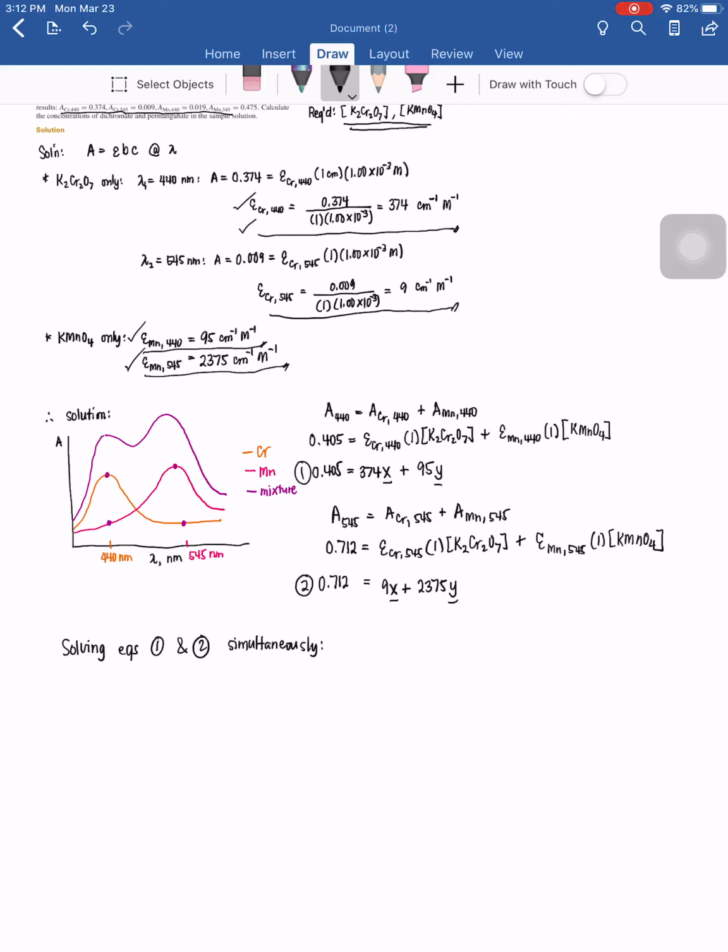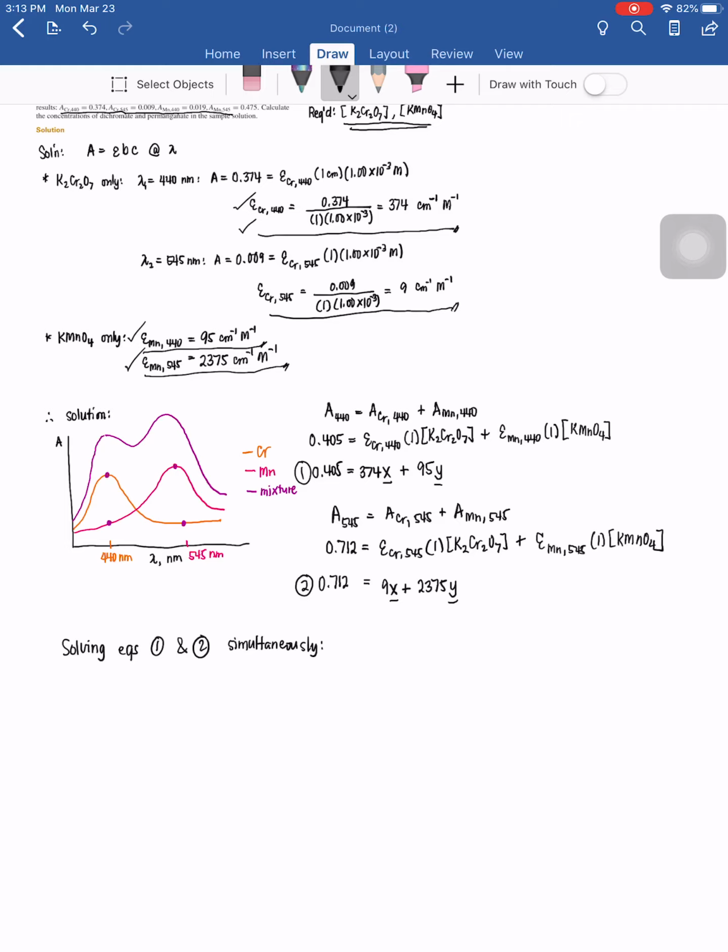As to my second equation, I'll enter again the value under A, which is 9, equal button. 2375, equal button. And under C, I have 0.712, equal button.